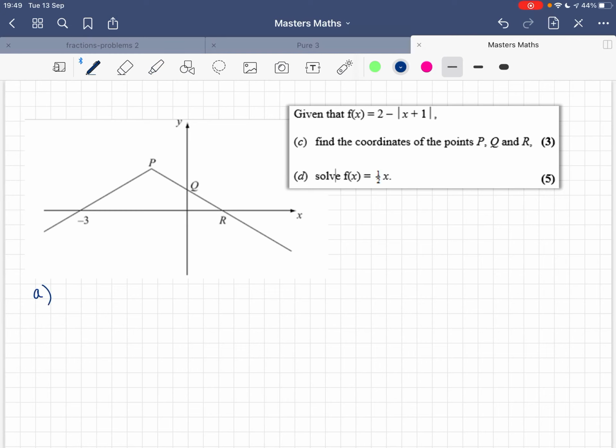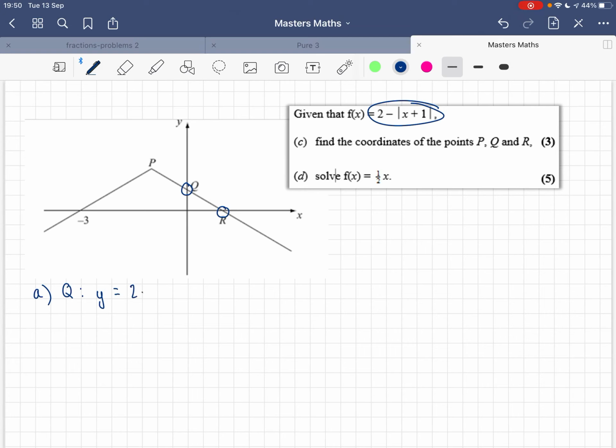some of them are easier to spot than others. So like the two intercepts, for example, for R and Q. So we can work out Q quite easily because we know that every point on the y-axis, again, x is equal to 0, and we can work out what the y-intercept is by just substituting 0 into this equation.